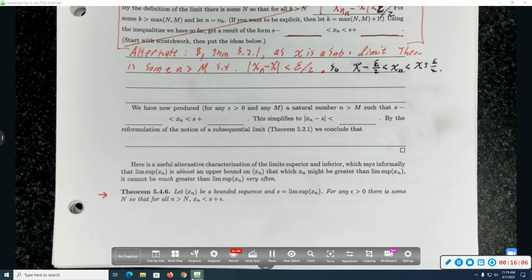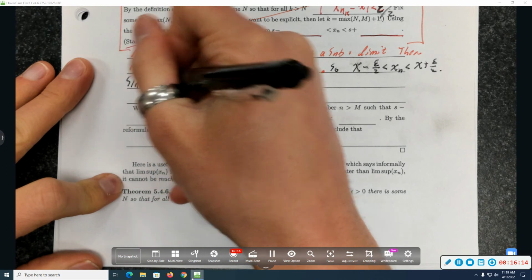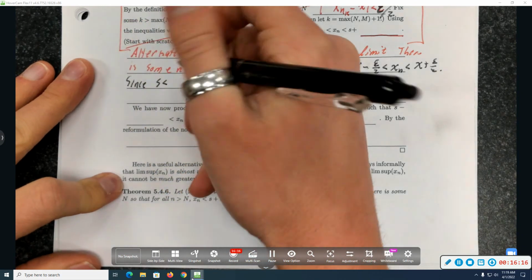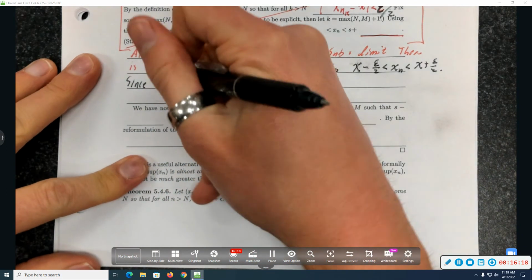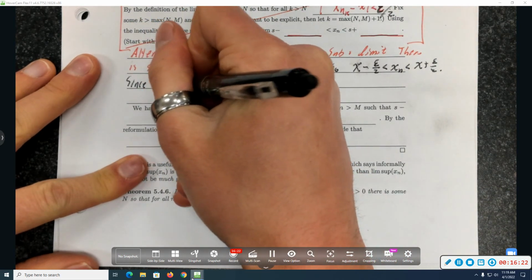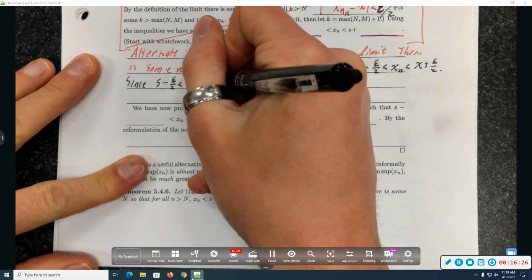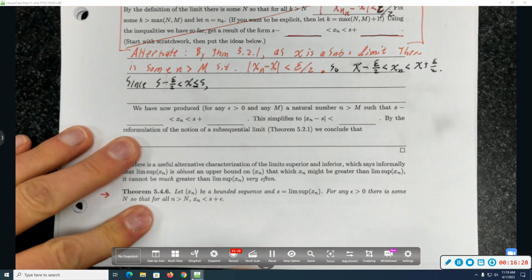The next thing we did is we used this condition. Since s minus epsilon over 2 is less than x is less than or equal to s, what do we get?